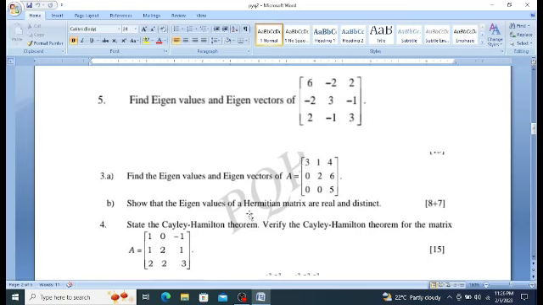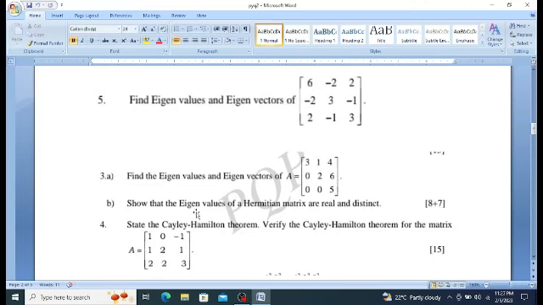A Hermitian matrix is nothing but a matrix A equal to the conjugate of A transpose. So when we have the matrix A, the transpose of that matrix gives another matrix, and when we take the conjugate of it, that becomes A. So A equals A transpose conjugate, and that gives a Hermitian matrix.